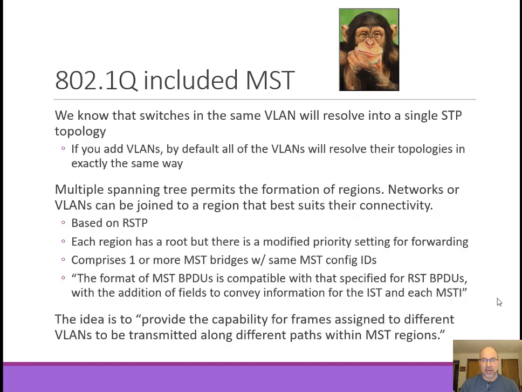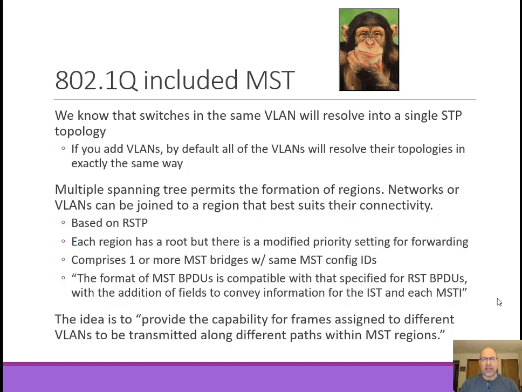Multiple spanning tree says, well, we're just going to create a couple of regions, and then we'll figure out how we want all of our VLANs to interconnect and how we want to forward traffic. So the behavior of multiple spanning tree is just like RSTP, except that each region has a root all its own. And each region is comprised of switches that have the same MST IDs.